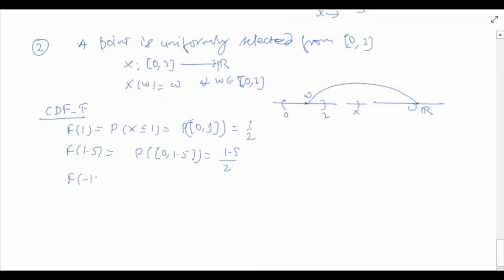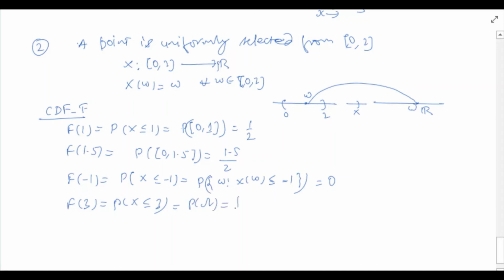F of minus 1 will be the probability of X being less than or equal to minus 1, and that is the probability of omega such that X of omega is less than or equal to minus 1. Clearly, for no value of omega is X of omega less than or equal to minus 1, so this probability will be 0. F of 3 will be the probability that X is less than or equal to 3, that is the probability of the whole space Omega, so it will be 1.